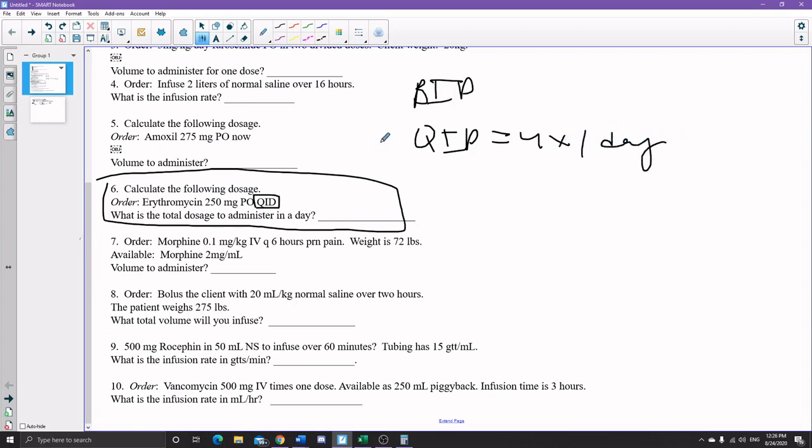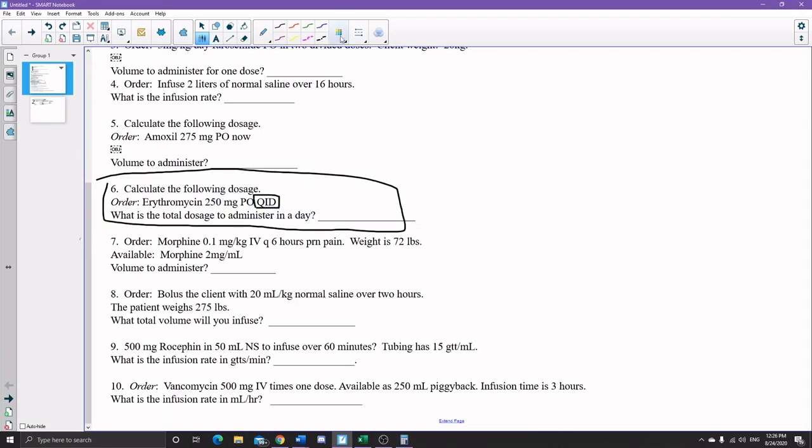So what I think of is quarter per day. Okay? Because quarter divides into 4. QID is 4. Okay? What is the total dosage to administer in 1 day? Alright? This one's really easy.